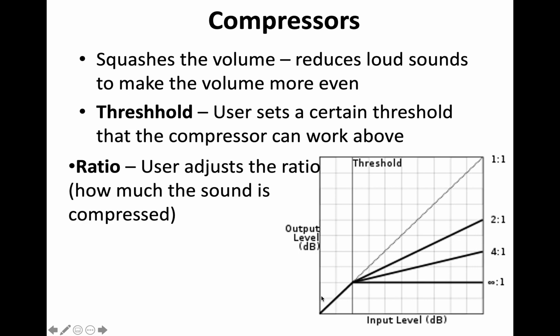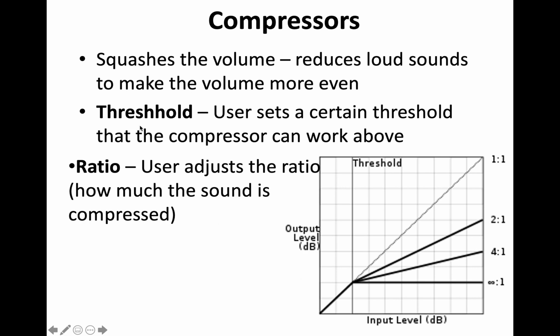So these volumes here are completely untouched, not interfered with at all, but anything above the threshold is what is affected. You can set the threshold. Maybe you want some of the loud sounds to come through, so you can move that line a little bit further to the right-hand side, and maybe it'll be these bits over here that are compressed. Or maybe you want to move it even further to the left and have an even more consistent volume by compressing the whole signal.